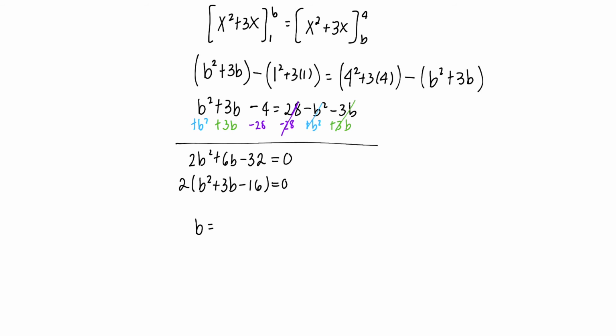So x equals negative b plus or minus square root b squared minus 4ac all over 2a.